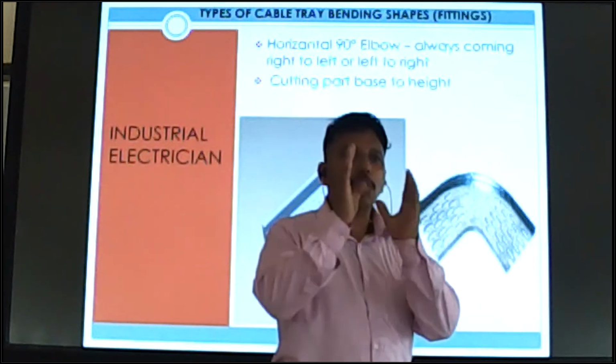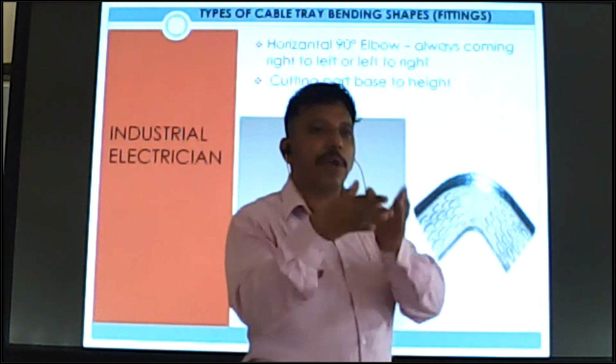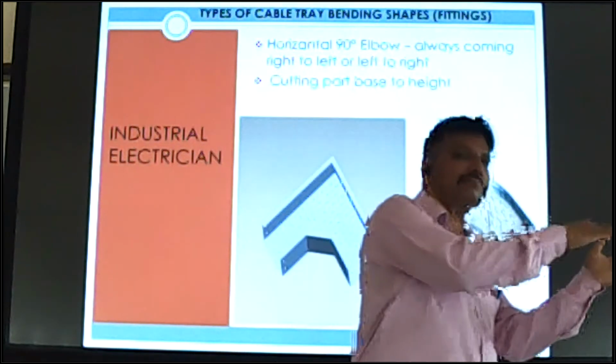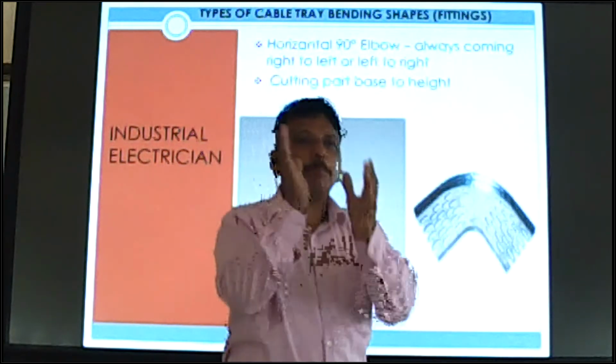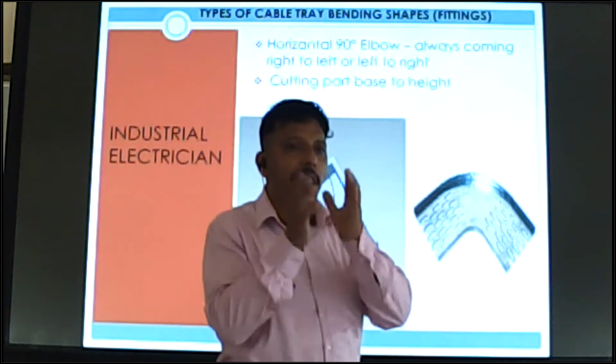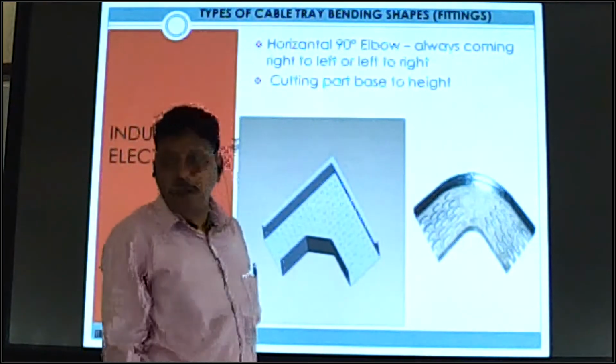If you want to divert your cable tray route, changing right to left side or left to right side, at any position, that time we can use horizontal 90.